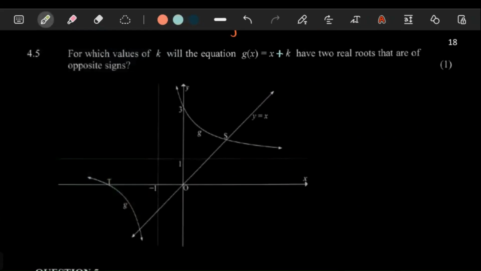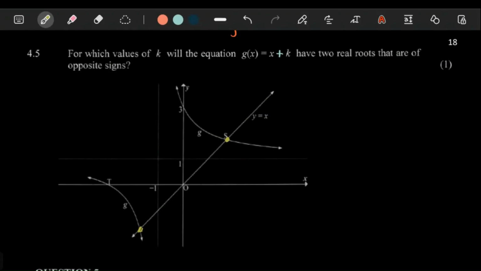So anyways, in this kind of question, what you need to keep in mind is the two graphs, the g of x and the line of inverse, they are meeting each other over here and over there. Now you have to remember that they say for which values of k will this equation have two real roots that are of opposite signs.